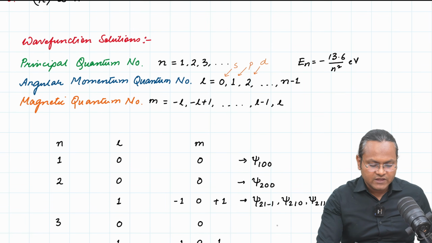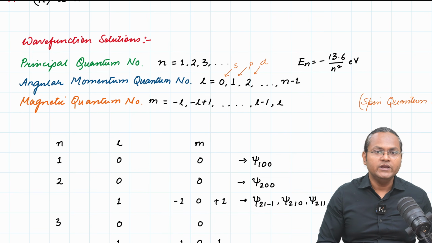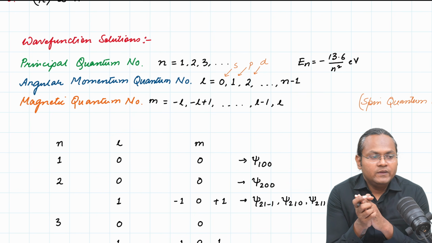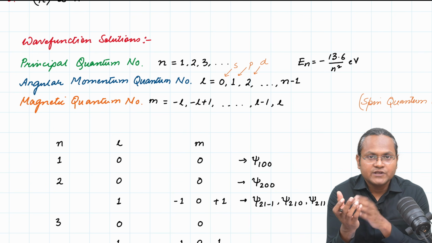We also have something called the spin quantum number, but because it is not predicted by the non-relativistic Schrödinger equation, I'm not going to include it here. Spin quantum number has to do with the spin angular momentum of the electron. Whether or not it's part of the hydrogen atom, it doesn't matter.